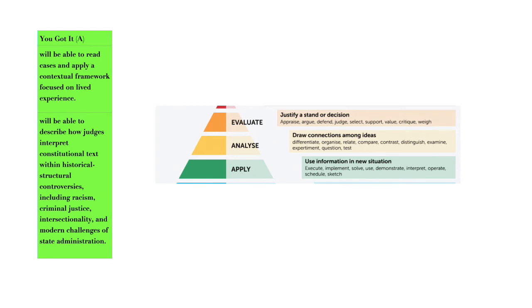You'll also start to see how historical structural controversies, including racism, problems within criminal justice, issues with race, class, and gender, and modern challenges like global and environmental issues affect how the state tries to operate. You always want to think about this tension between the state, the government trying to keep itself going, right? Trying to do what it needs to do, so the people within that group are all trying to keep their power and keep the system going the way that benefits them.